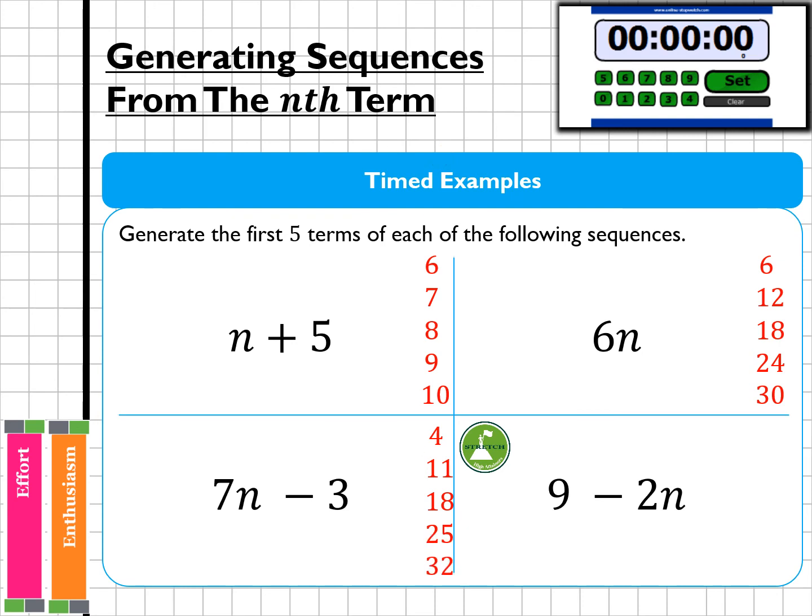This last one is a stretch because, as you can see, I'm now timesing by a negative. So I need to do 9, take away 2 times my position number.